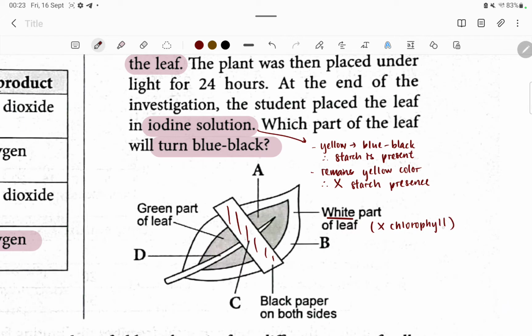So when there is no chlorophyll, even though it's exposed to the sunlight, there is still no photosynthesis. So no glucose forms, no starch forms. And then the green part has chlorophyll.